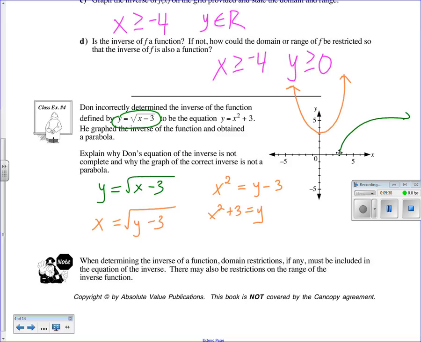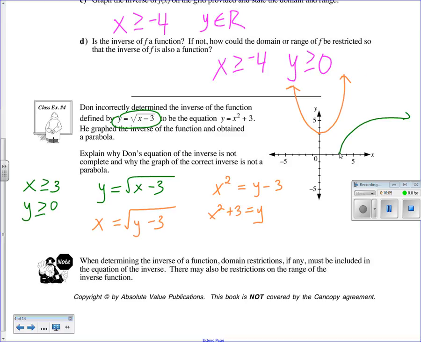The problem is what happens to the domain and range. The original green function had a domain that said x must be greater than or equal to 3 and y was greater than or equal to 0. By the time I graph my inverse, I have to flip the x and the y.